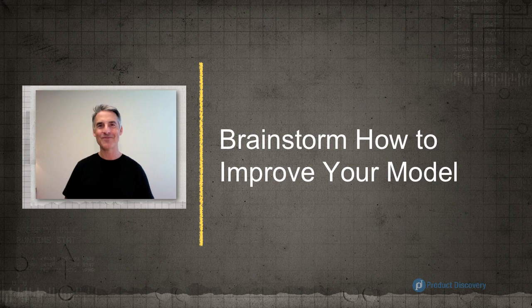So the next step is to go through some brainstorming exercises. And there are a lot of different ways of doing this. If you're designing a brand new business model, you're going to focus on one element of the business model at a time, and you're going to have a conversation around it. Now, the process I like to use is that there's some team discussion, and usually I time box that discussion to about 10 or 15 minutes.